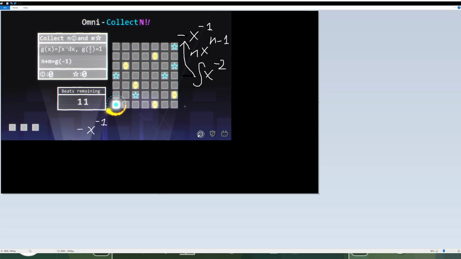Anyways, so that means we have negative 1 over 1 half, which just means we have times 2 on both. So we have 2. Yeah, negative g of 1/2, which would evaluate to negative 2 plus c equals 1, which means c is 3.